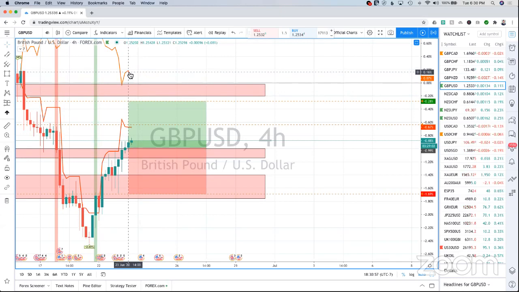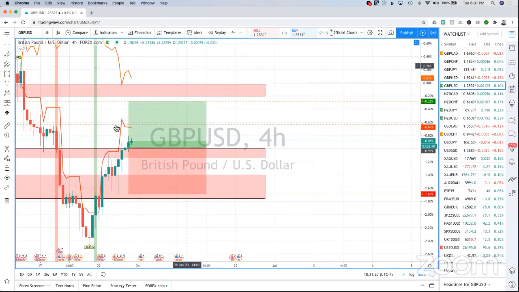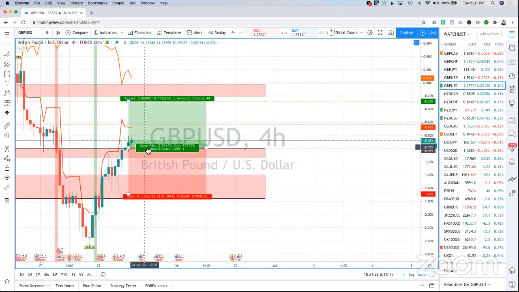So the thing with this is that if it's moving downwards, this is going to identify that price is going to be going upwards, because if this line is going up, then the British pound is going to be strong. And if this line is going down, this is indicating that the US dollar is weak. And you can see right here, it's coming down pretty sharply. So if it's coming down that sharp, it's going to give you more confirmation that price is going to continue upwards.